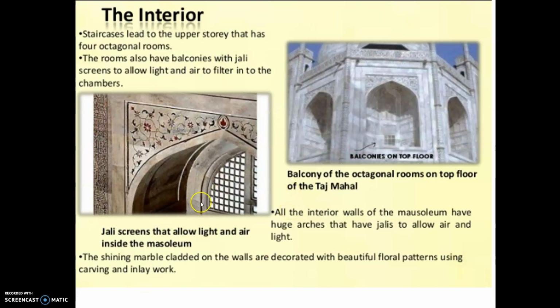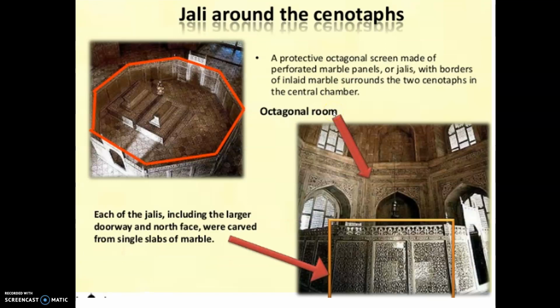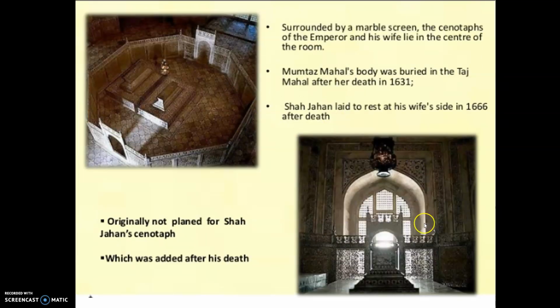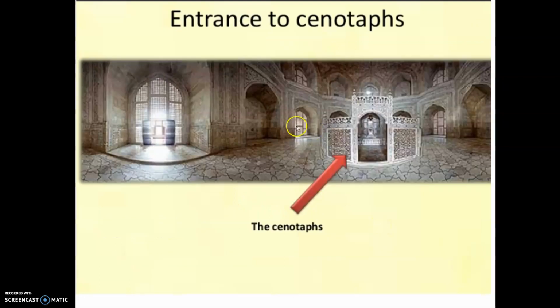In the interior, there is a staircase which leads to the upper story that has four octagonal rooms. The rooms are provided with jali works, which bring in air and light, unfiltered, into the chamber. The interior of the chamber has huge arches.